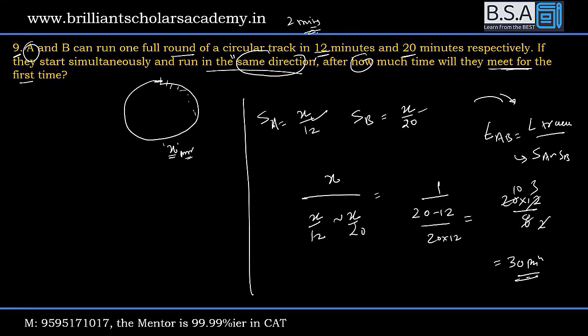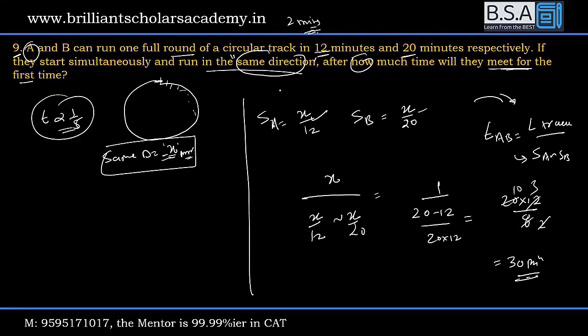Can I not say they are traveling same distance, same distance? So the time ratio and speed ratio are inverse. थोड़ा ध्यान से देखना. They are inverse. So here, what is the time ratio? Time ratio is 12/20, which is 4 into 3, 4 into 5.